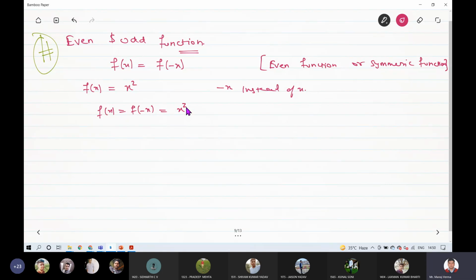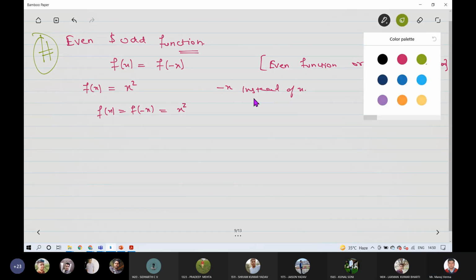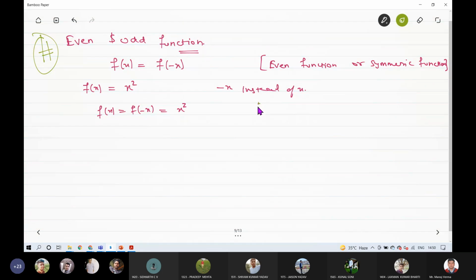So yes, this is an even function, x square is an even function, and if I plot this function, then it will look something like this.